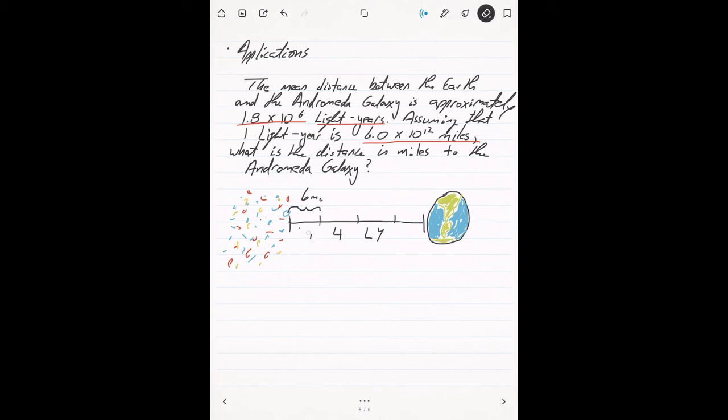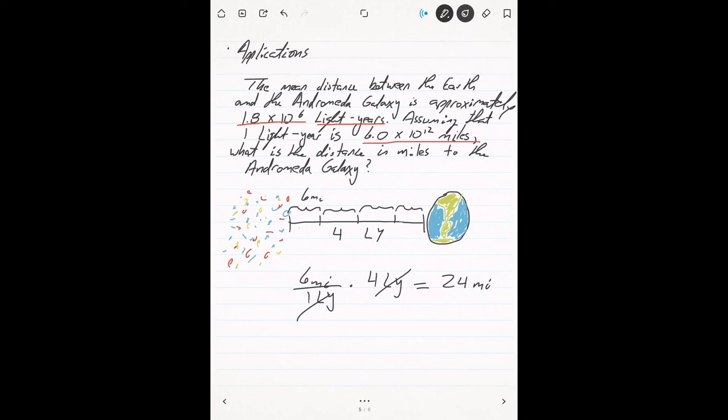But you actually don't have just 1 light year, you have 4 of them. So how many miles are there for the 4 light years? Well, if there are 6 miles for 1 light year and you have 4 light years, you're going to end up with 24 miles.